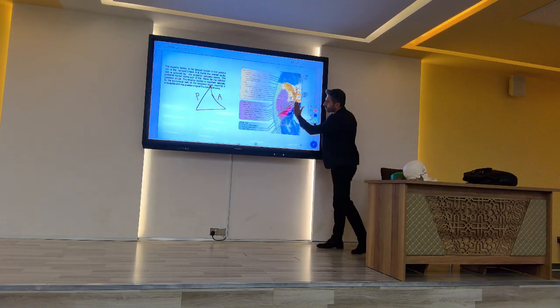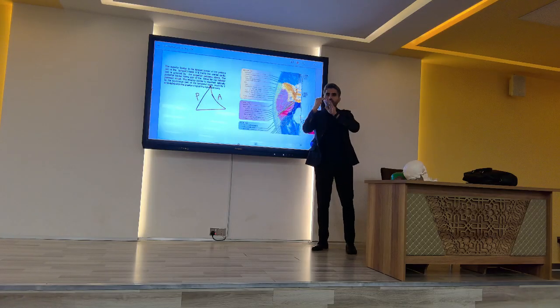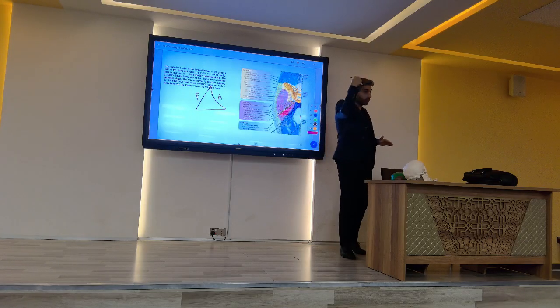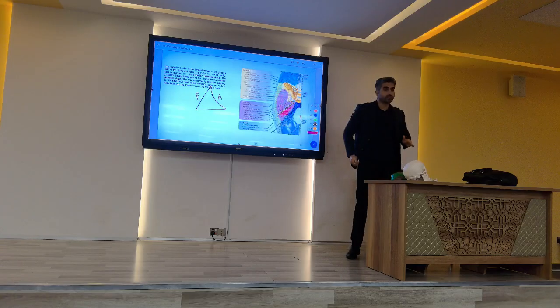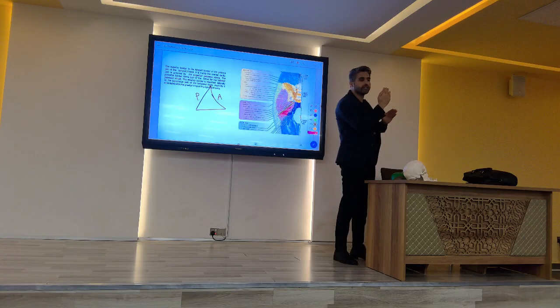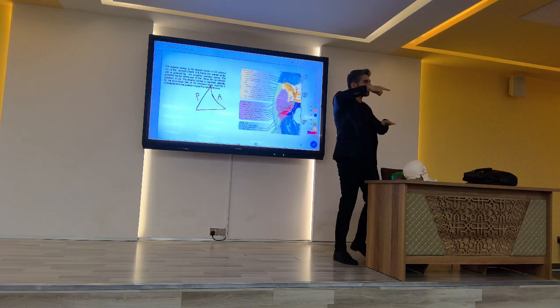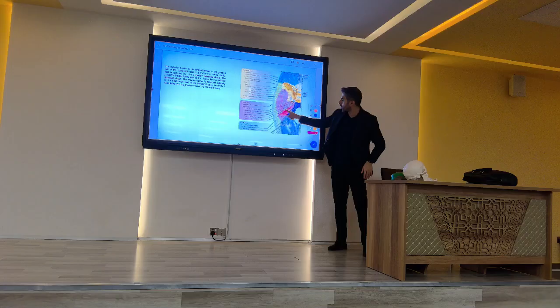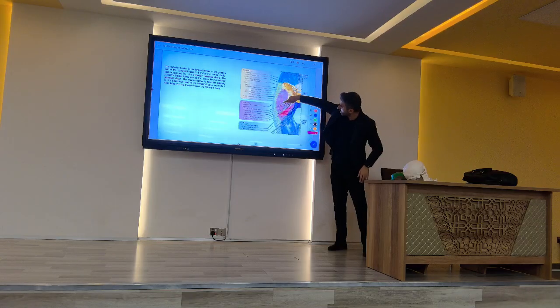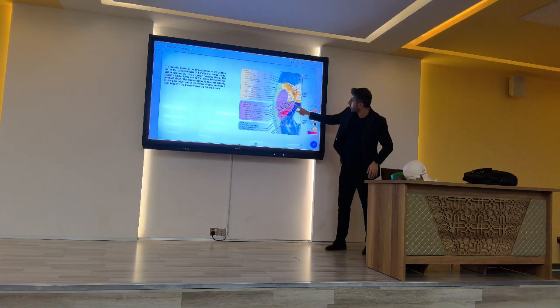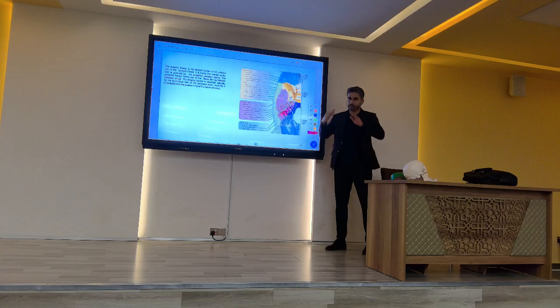This one is posterior surface here, and between them you have superior border. Imagine this. You can see that. Here is anterior surface. Here is posterior surface, between them.